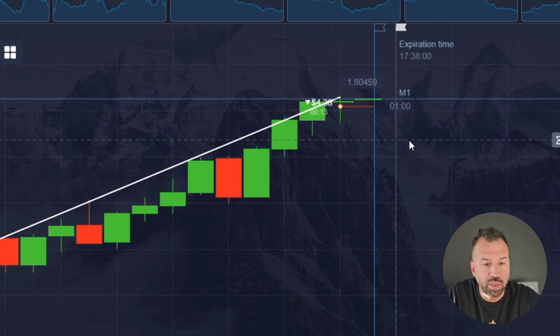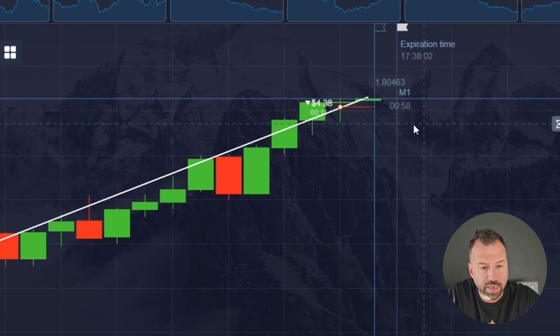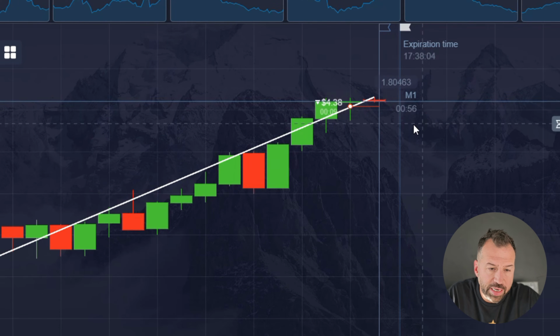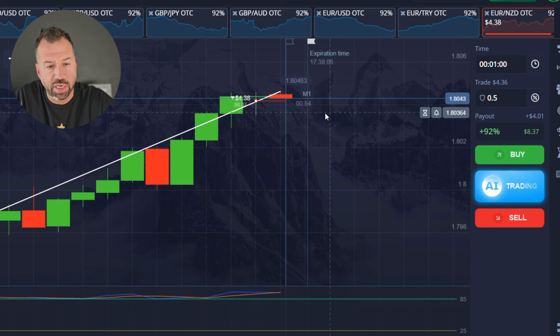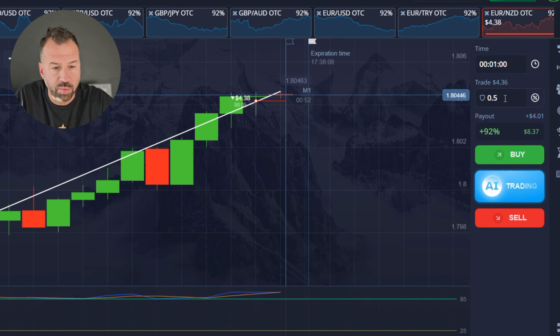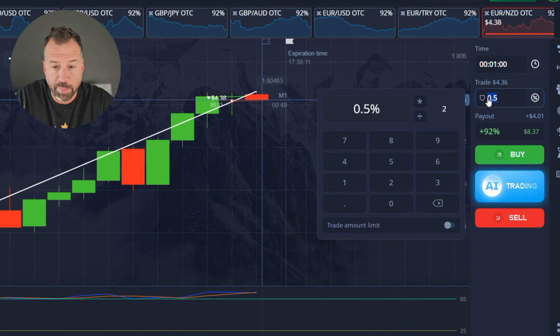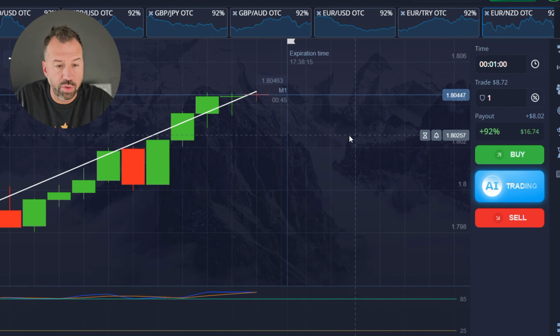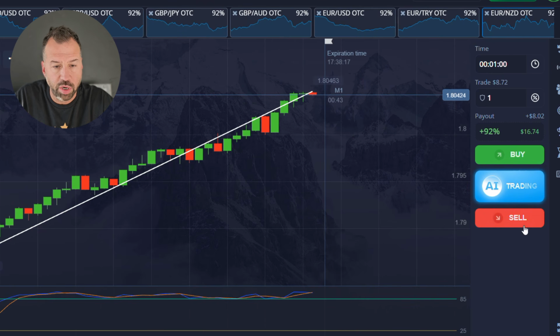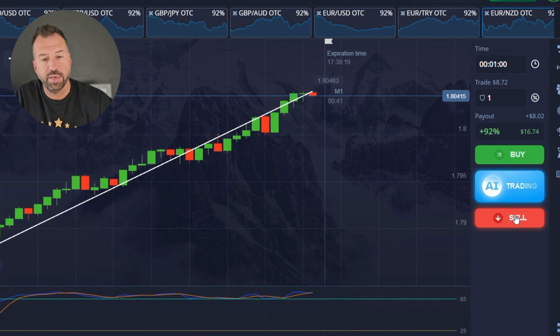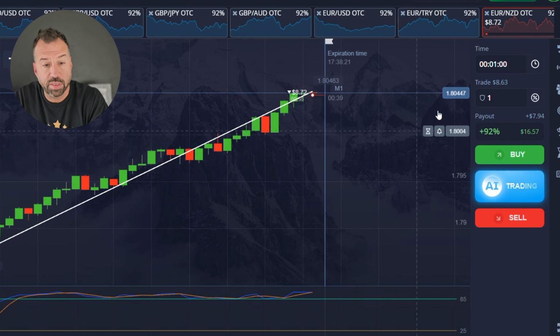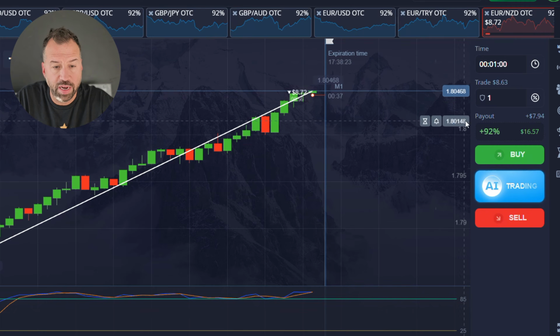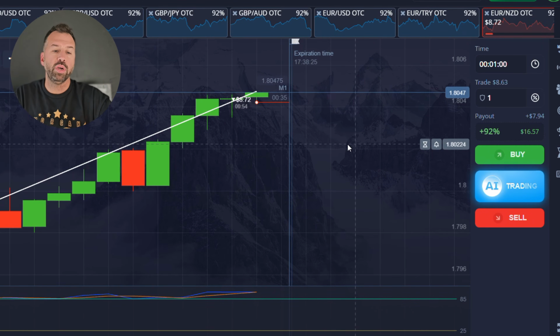And this one looks like it stayed above and made its way up, which is fine. We could catch it on the next candle, which is what I will get ready to do. I'm going to make this a 1%. And so that didn't go through, but I feel like we're going to catch this on the way down here. So I went ahead and doubled the 0.5 to 1%, and we're going to give this a shot.